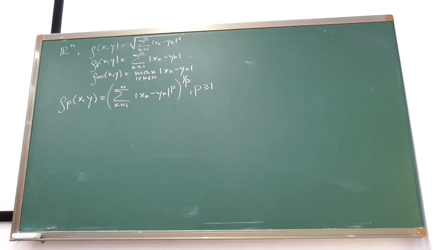Well, as usual, the third axiom, the triangle inequality, is the most complicated.